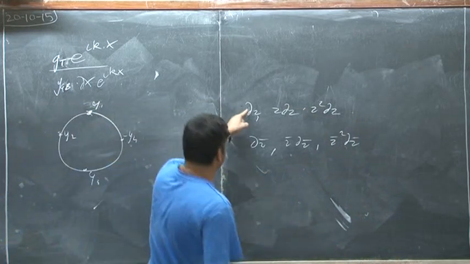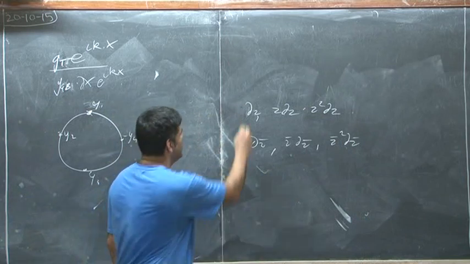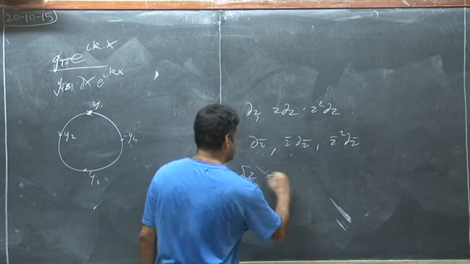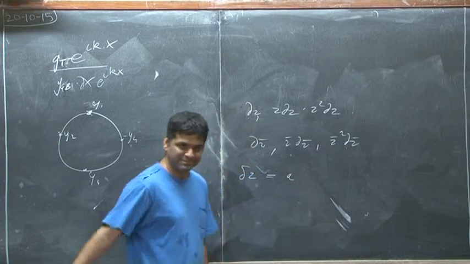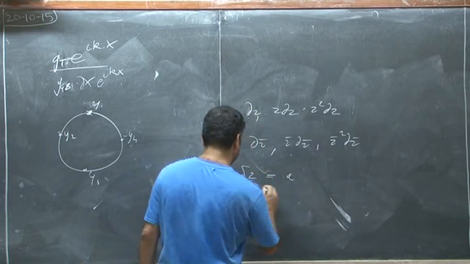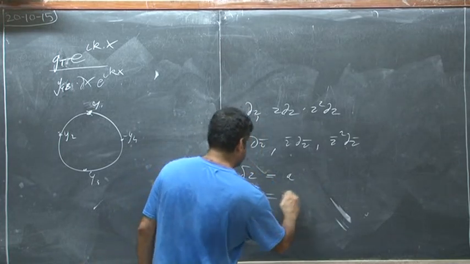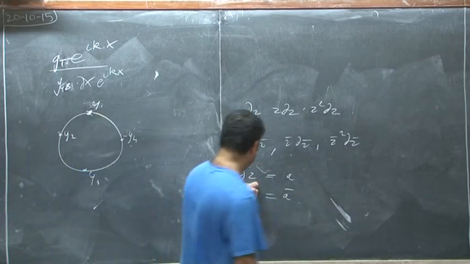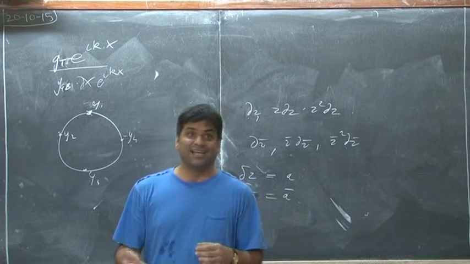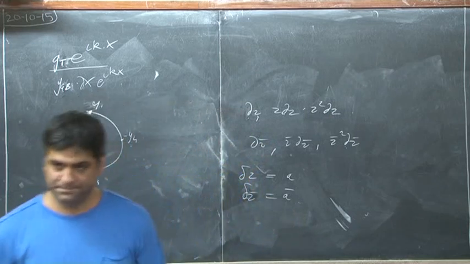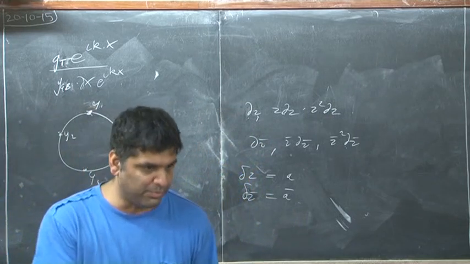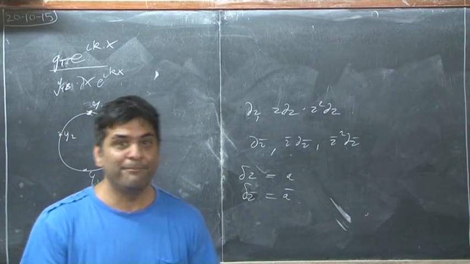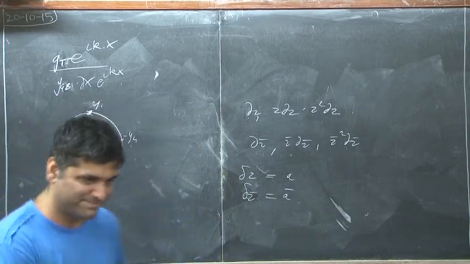Let's do this for instance. This is delta z equal to some constant a. This is delta z bar equal to some a bar. What we want is that at y equals 0, y does not change.